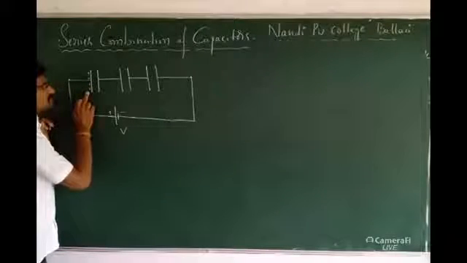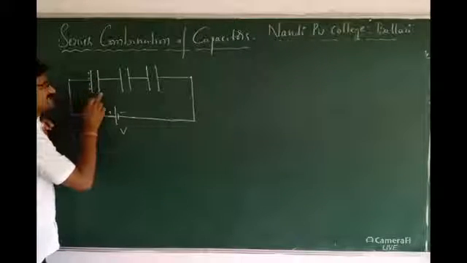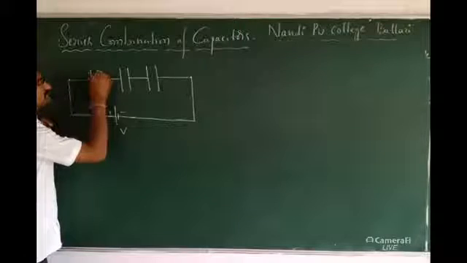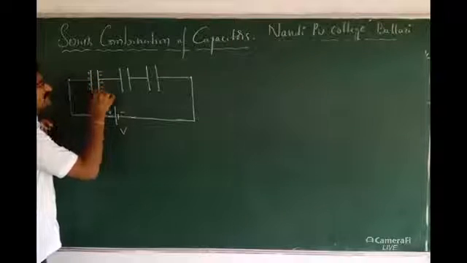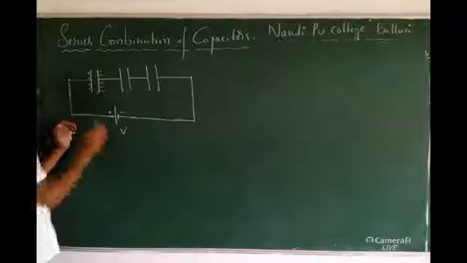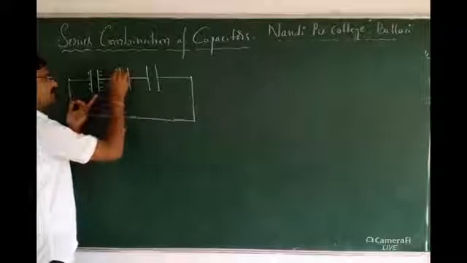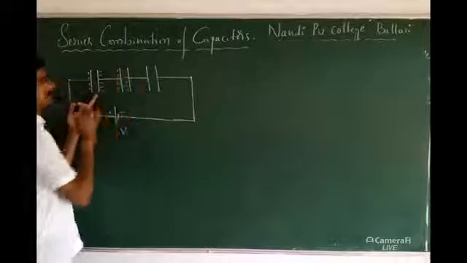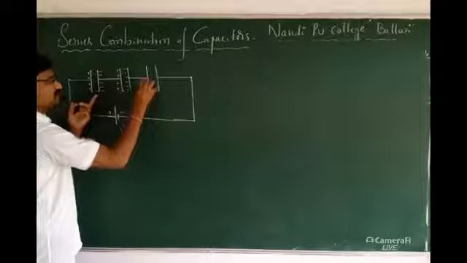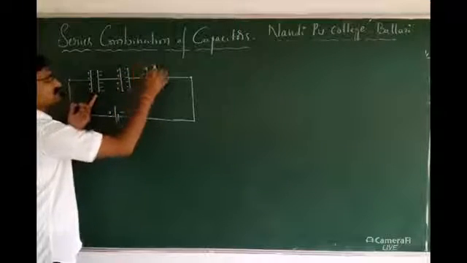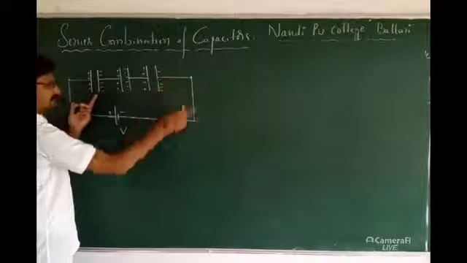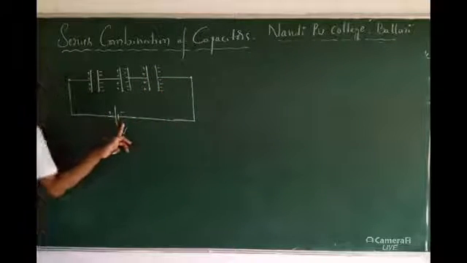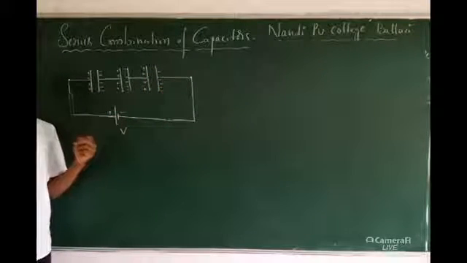Due to induction, here a negative sign will come. Once it is negative, the next is positive. Once it is positive, the next is negative. Once it is negative, the next is positive, and then negative. See the logic.